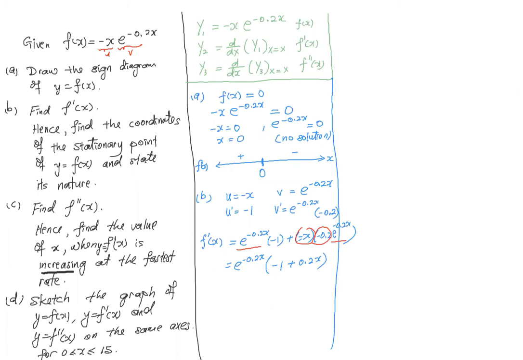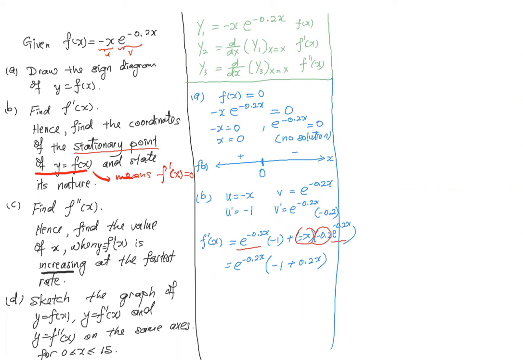Okay, so you want to find the stationary point, means what? Stationary point of f(x) means f prime x equal to 0. So that is the meaning of the word stationary of f(x).